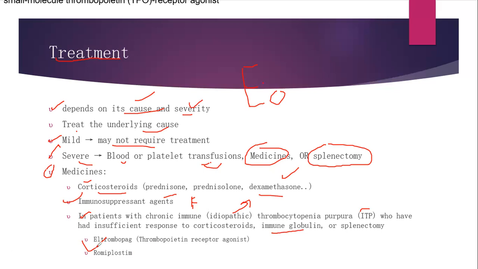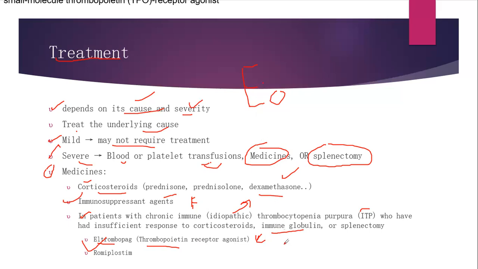Or we can also use eltrombopag. We also use this substance, which is actually a thrombopoietin receptor agonist, meaning it binds to the thrombopoietin receptor and stimulates it, and due to that, the normal thrombopoiesis process will happen.